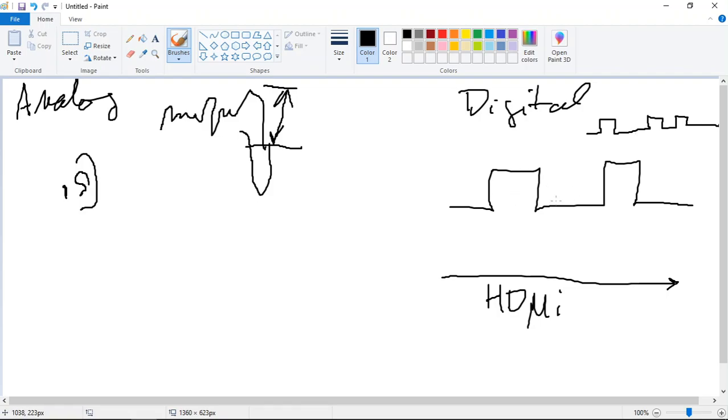So when I draw something like this, what I mean is that on this cable there's 0 volts, that's here, and then all of a sudden, and don't quote me on the HDMI because I don't know how the standard works, I could talk about older technologies, but let's assume it works on 5 volts. It could be less, it doesn't matter here. So all of a sudden this wire, if you had a meter on it, would jump to 5 volts, right?